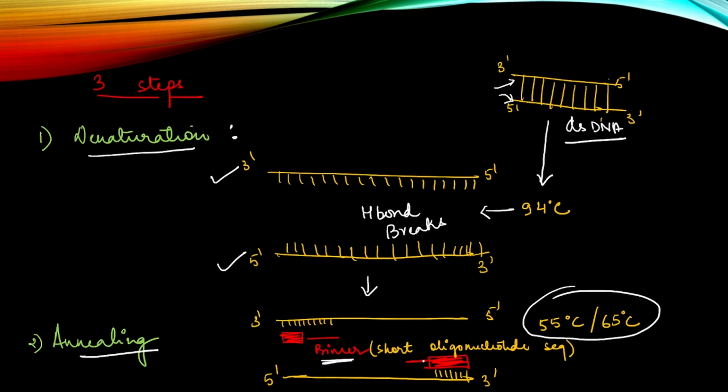A primer is a short oligonucleotide sequence which goes and binds to the 3' hydroxyl end. The primer forms a base pair at the 3' hydroxyl end. This process we call annealing, and the temperature is 55 to 65 degrees centigrade.